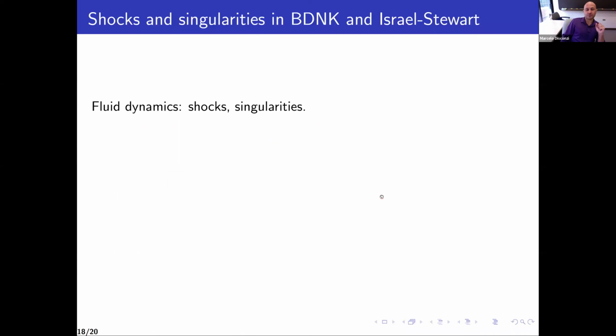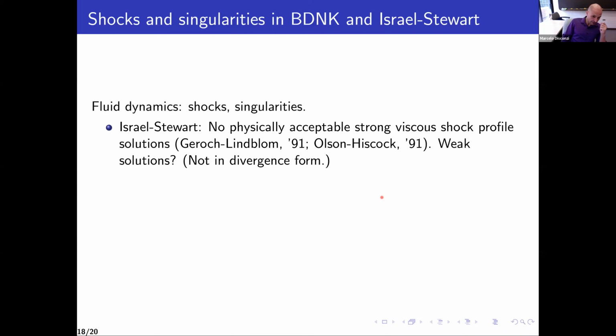So let me tell you a little bit now about another result. Again, these are fluid dynamic equations. One thing that we like to study in fluids are shocks and singularities. Now for Israel-Stewart, remember I told you, this is a result that goes back to previous authors, Gerlock, Lindblom, also Hiscock, that there are no physically acceptable strong viscous shock profile solutions for Israel-Stewart.